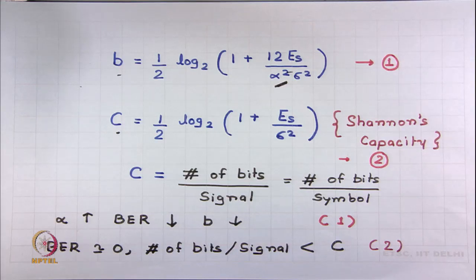So, this is all that we have in PAM. Remember the key things that we have said for PAM. The first thing that we have said is PAM is an example of a linear modulation scheme, where Bn or the symbols are restricted to be real symbols. Okay.